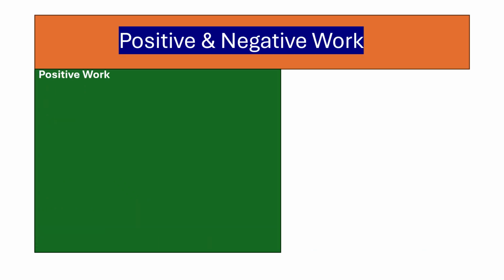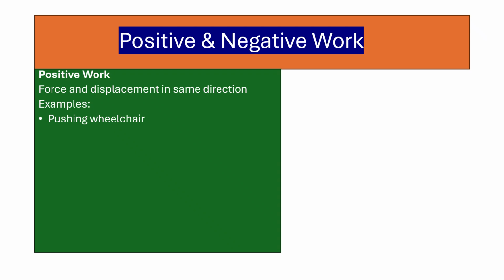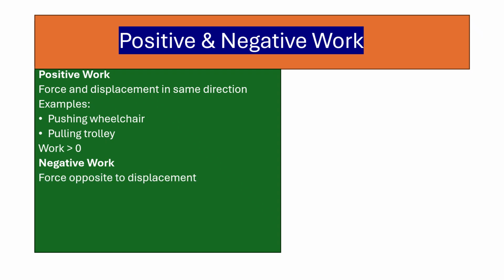Positive and negative work. Now when we talk about positive work, students, that is when force and displacement are in the same direction. Let's understand with examples, like pushing a wheelchair or pulling a trolley. So the work done here is positive, that is greater than 0. What about negative work?